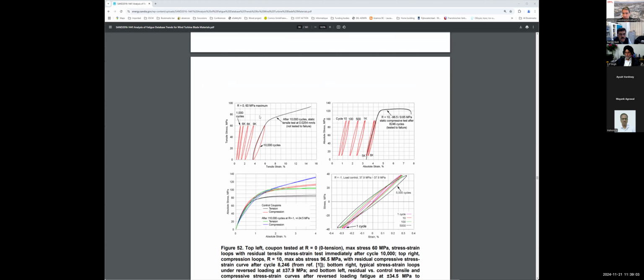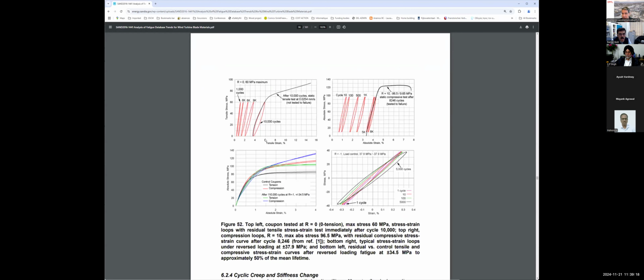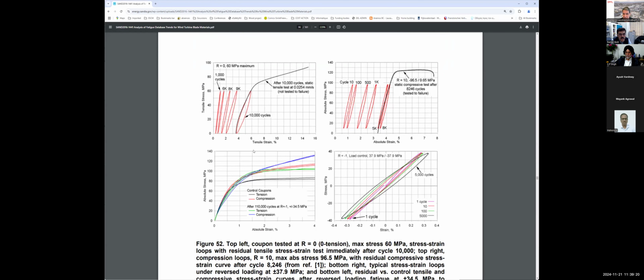A lot of tests, so this is page 96. It is the analysis of the database for wind turbine rotor blades, and on page 96 they have results.